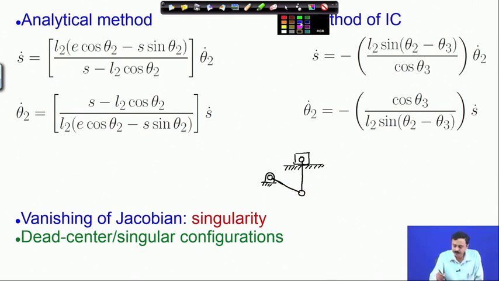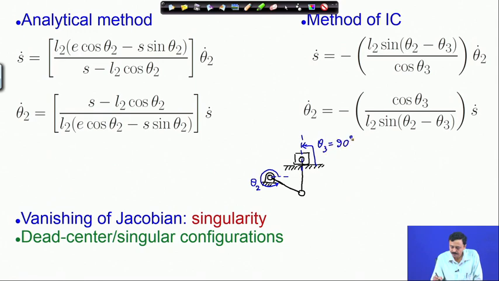So, here this is theta 2 and this angle theta 3 is 90 degree. What happens is that when theta 3 is 90 degree, as you can see here, cosine of 90 degree is 0.